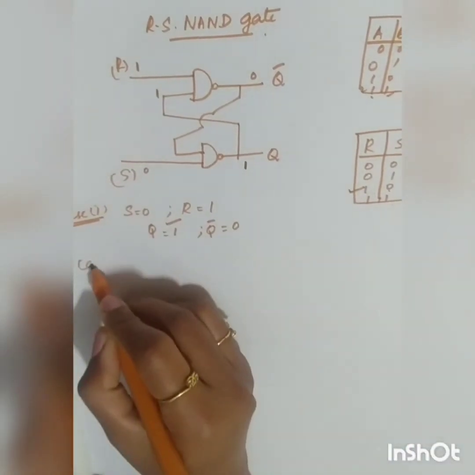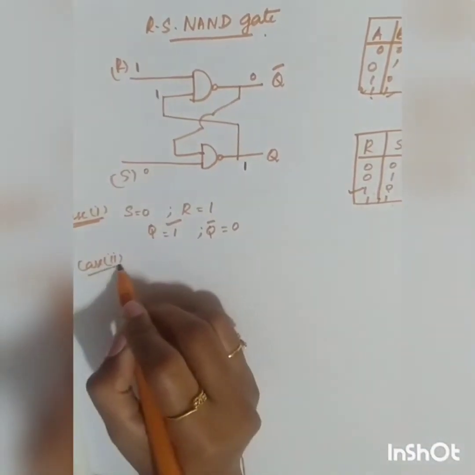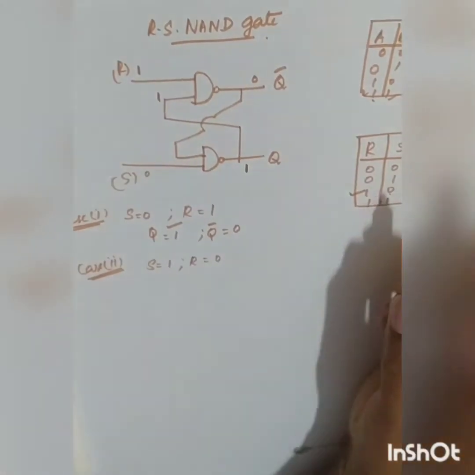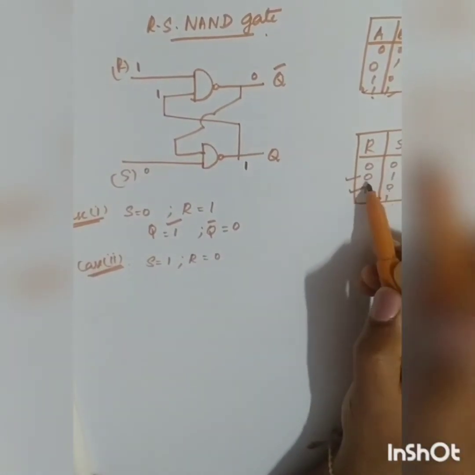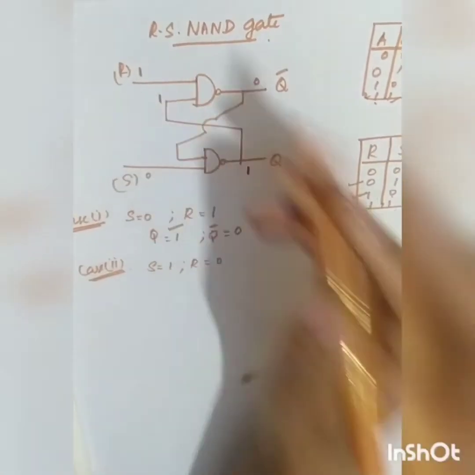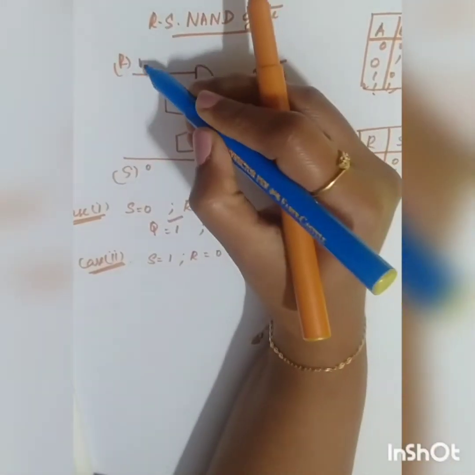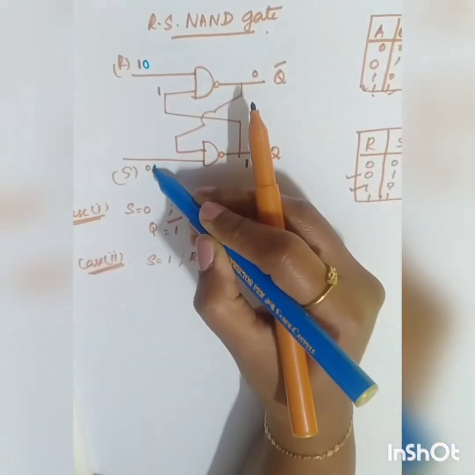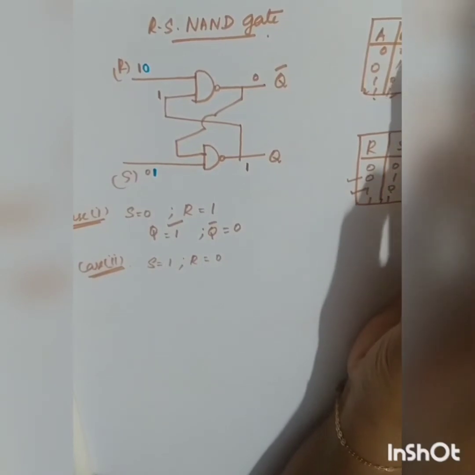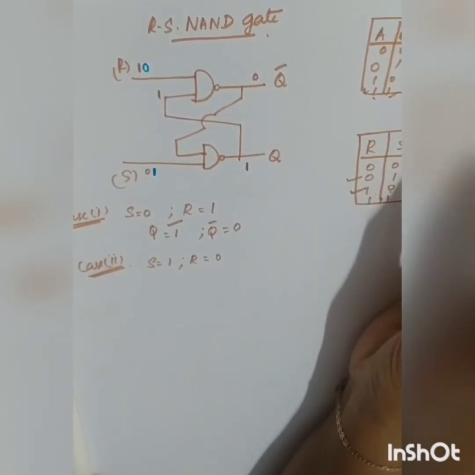Case 2. If S is equal to 1 and R is equal to 0. So R is equal to 0, S is equal to 1. You know by truth table, if any one input is equal to 0, your output is equal to 1.